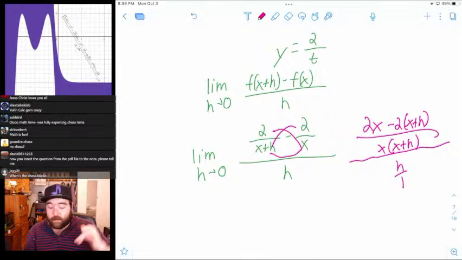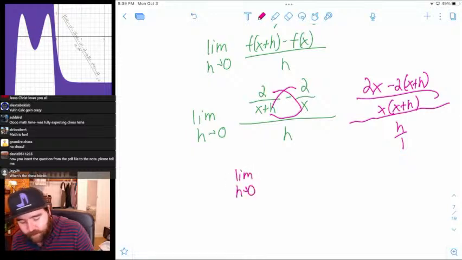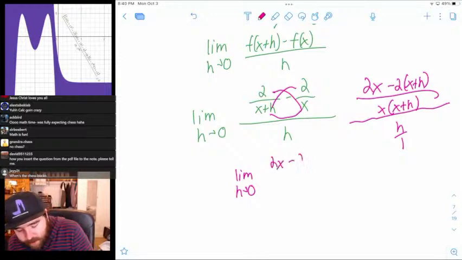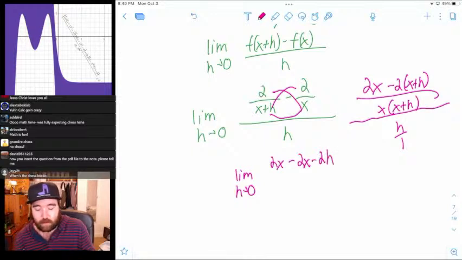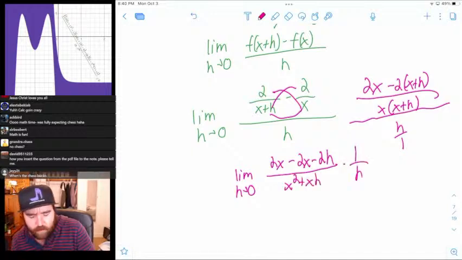So now we can just keep change flip and simplify the top a little bit. So again, shouldn't forget to copy down the limit. Limit as h approaches 0 of 2x minus 2x minus 2h over the denominator, times 1 over h.